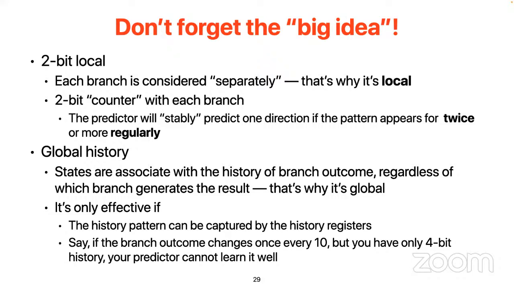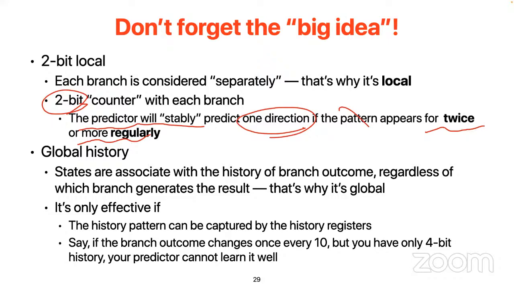However, you also sacrifice the benefit from the global history. And if you have too big a counter, the predictor will stably predict one direction only if the consecutive pattern appears twice or more.